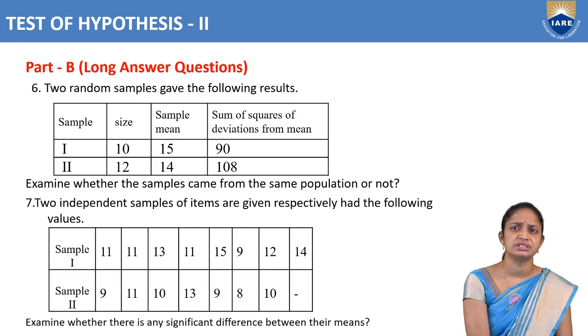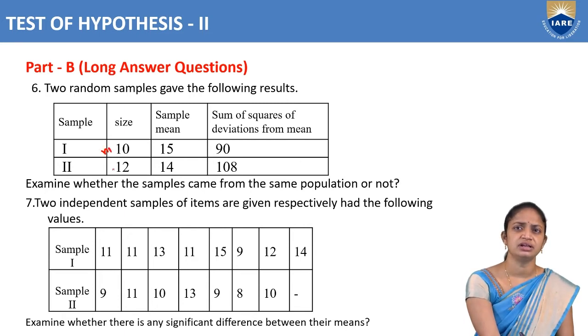Two random samples gave the results. The sample sizes are n1 and n2, the sample means are x1 bar and x2 bar, and then summation xi minus x1 bar whole square and summation xi minus x2 bar whole square.